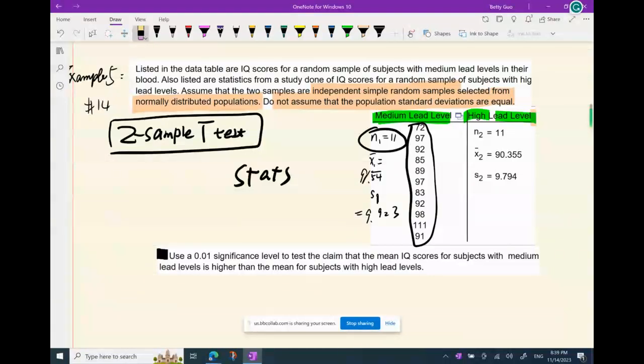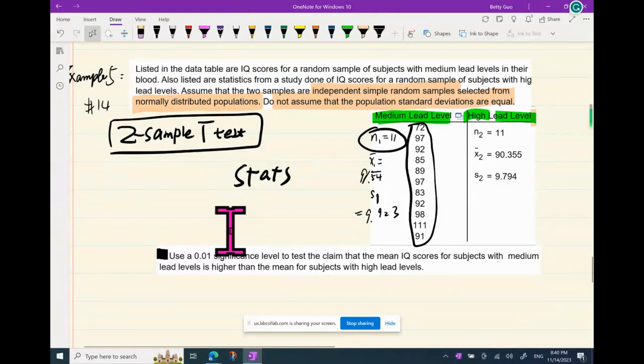I have something in my list 1, so I'm going to clear it and then enter the 11 values there. I'm going to enter 72, 97, 92, 85, 89, 97, 83, 92, 98, 111, 91.